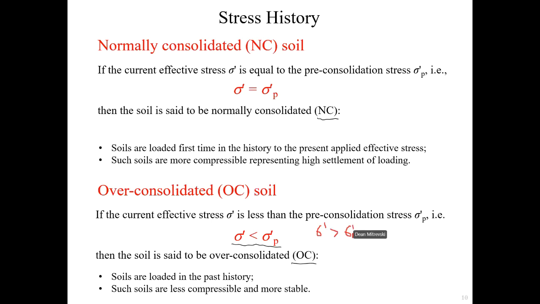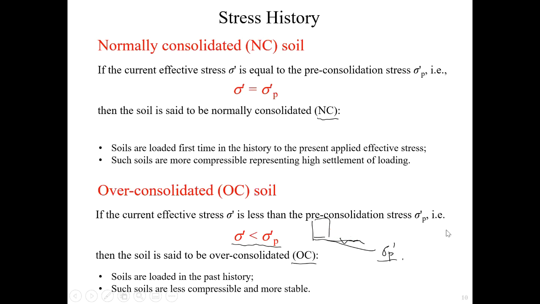No. If the current stress is greater than that, then the current stress will be equal to sigma p prime, because sigma p prime is always the maximum effective stress that the soil has experienced. So if the current one is greater, then automatically it becomes sigma p prime. That's a good question.